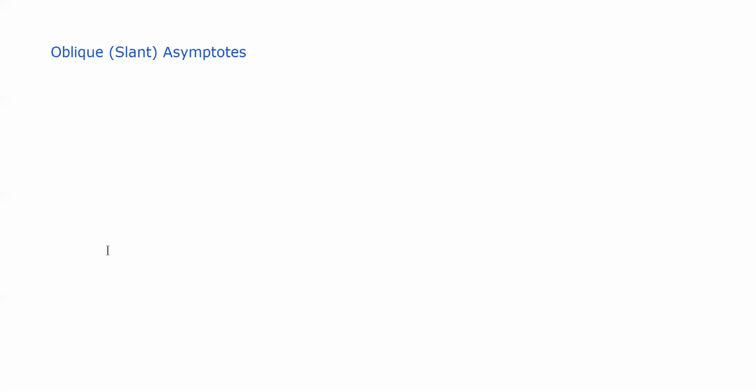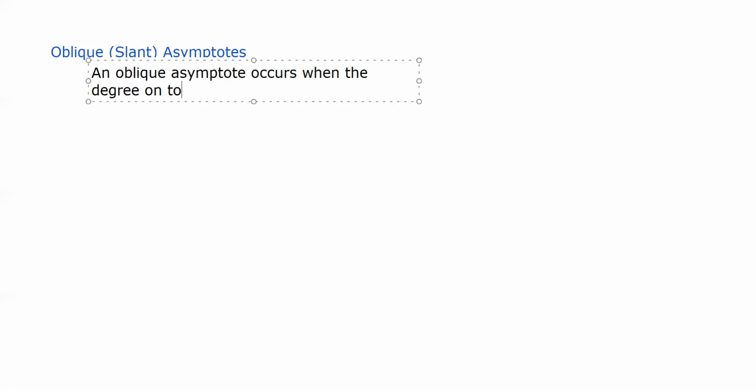And frankly, this one is just a little bit strange. It's a little weird. An oblique asymptote occurs when the degree on top is exactly one more than the degree on bottom.